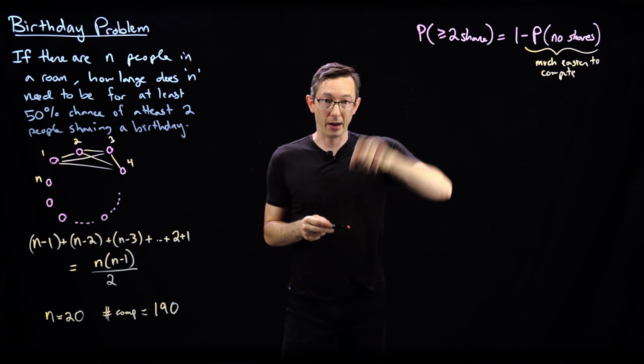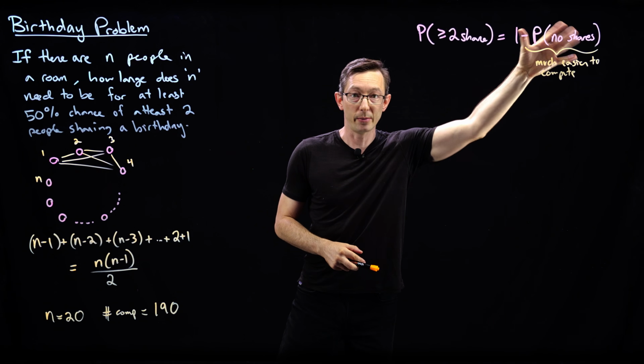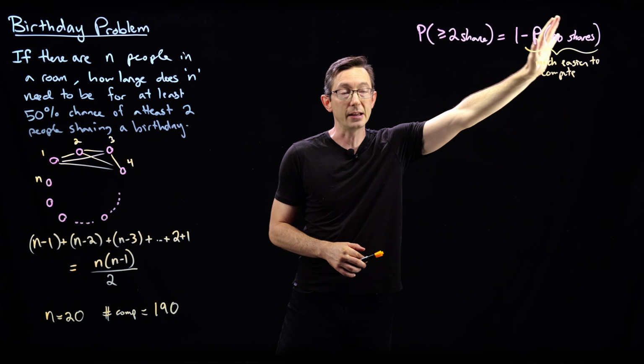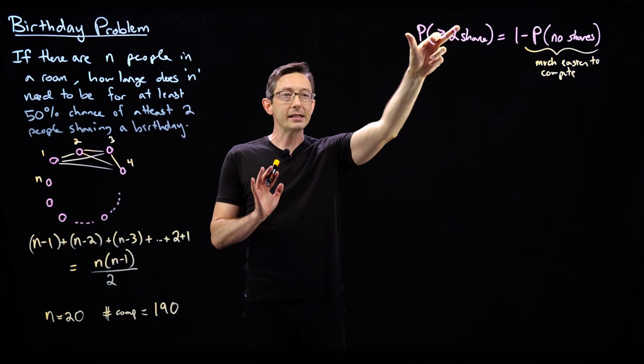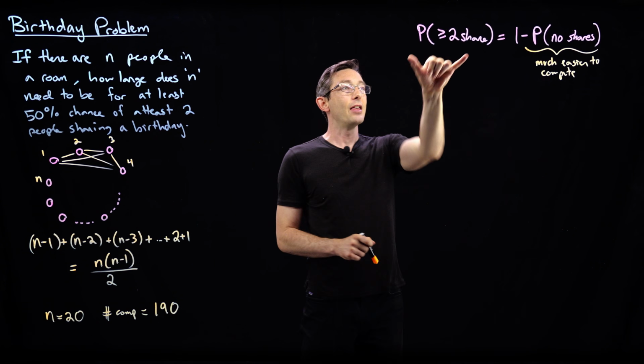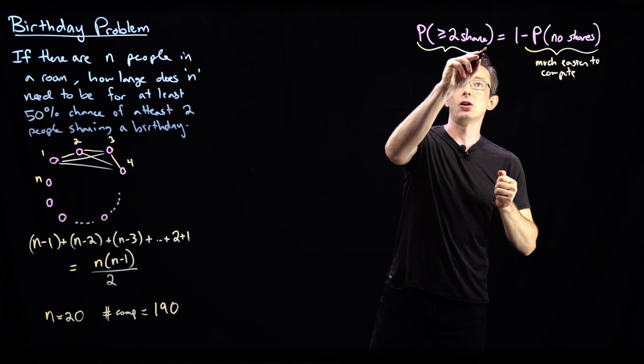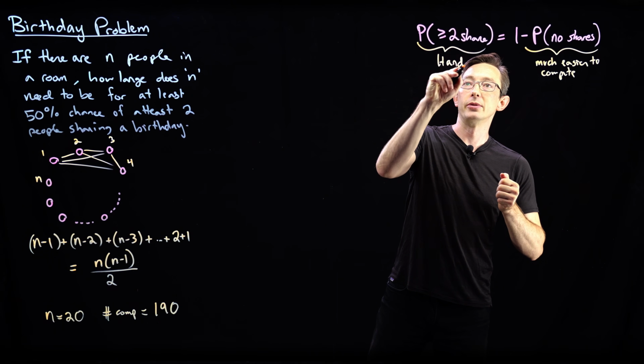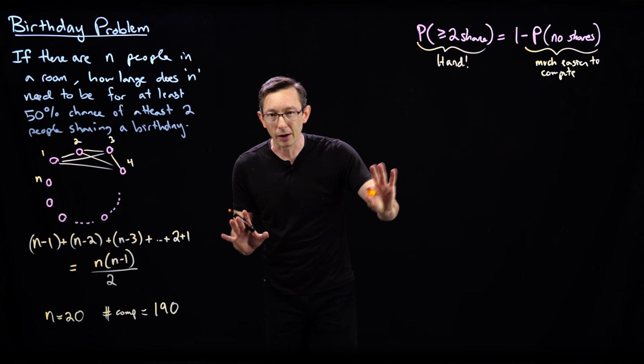Much easier to compute than this. Okay, so in a minute, I'm going to show you how to compute the probability that no one shares a birthday. That's really easy. Just roughly sketching through the probability that 2 people or 3 people or 4 people share a birthday, this one's challenging. This one is hard to compute. And I'll just roughly show you what this means.